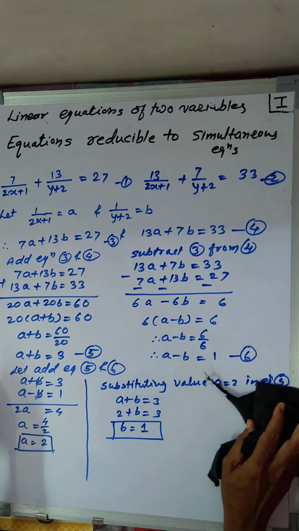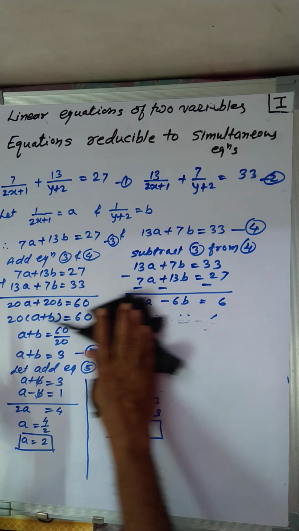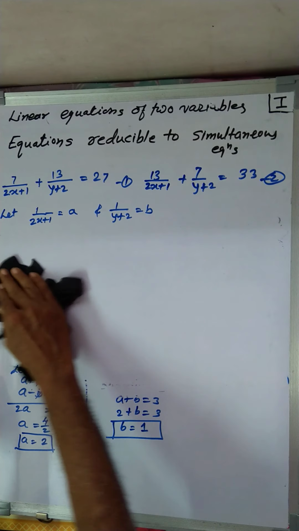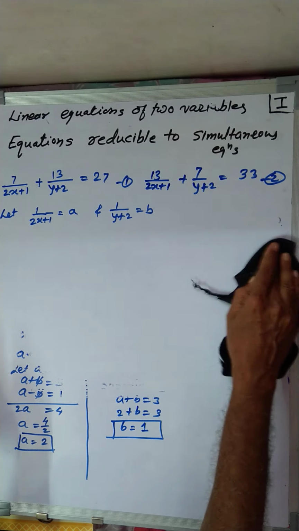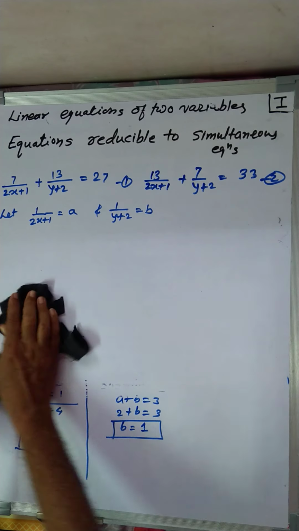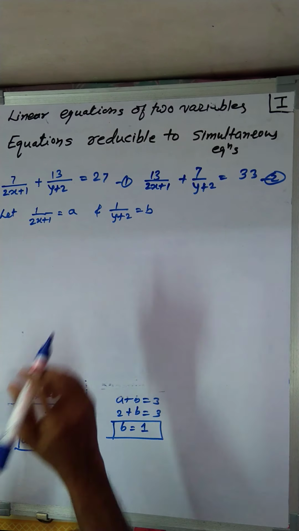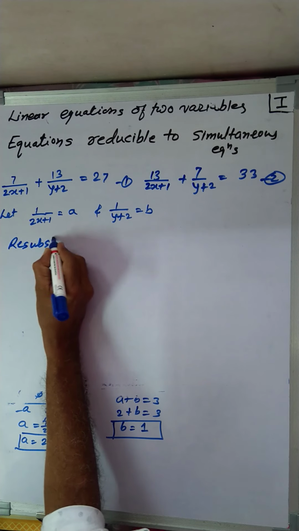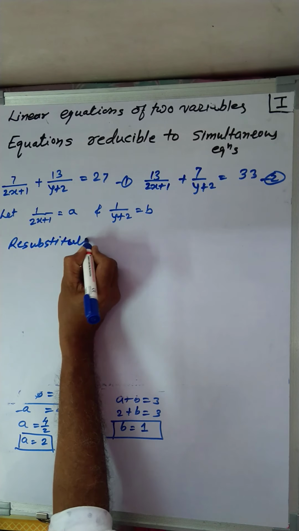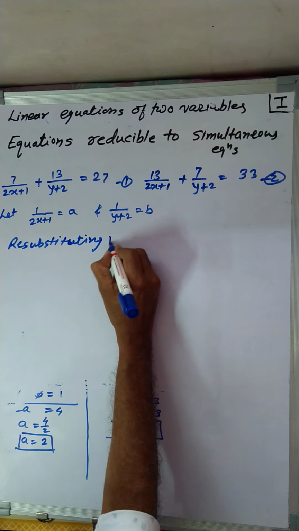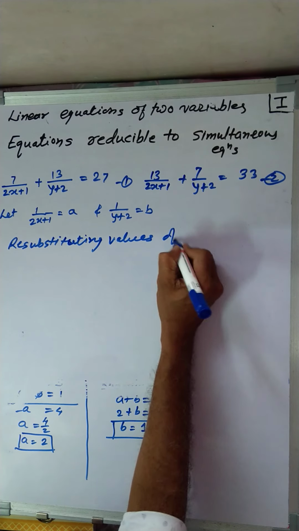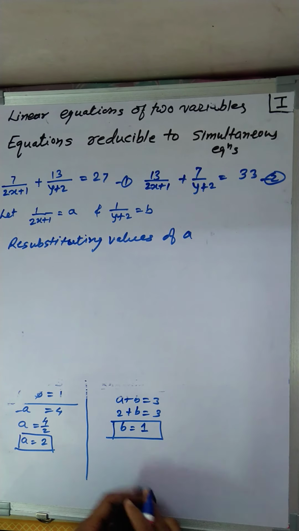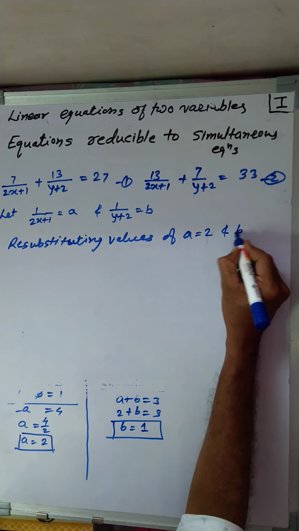Let us resubstitute the values of a and b. A is equal to 2 and b is equal to 1.